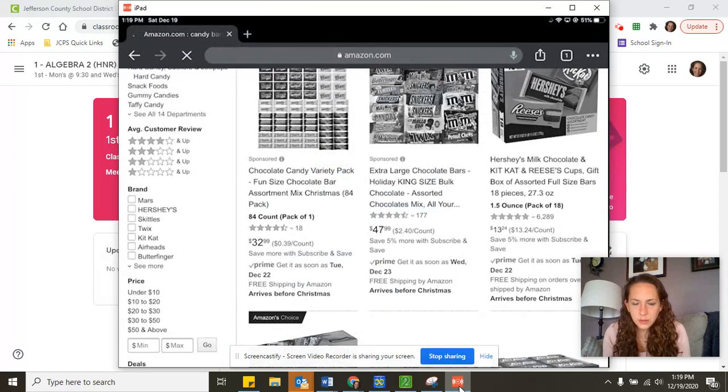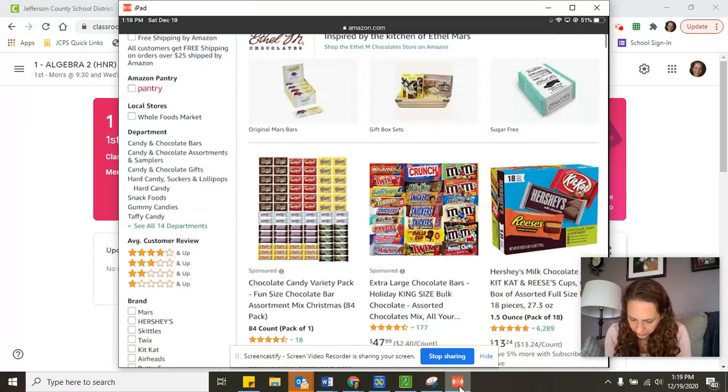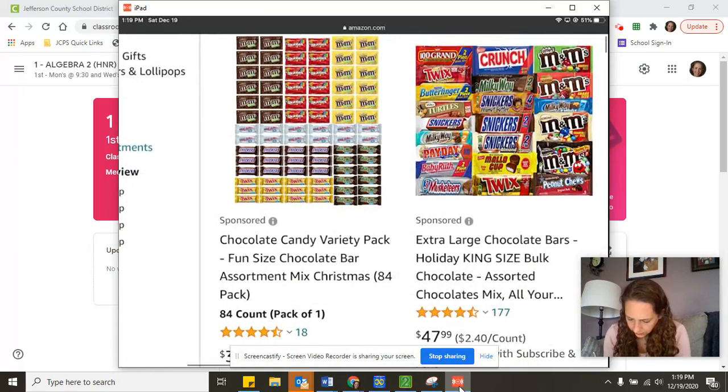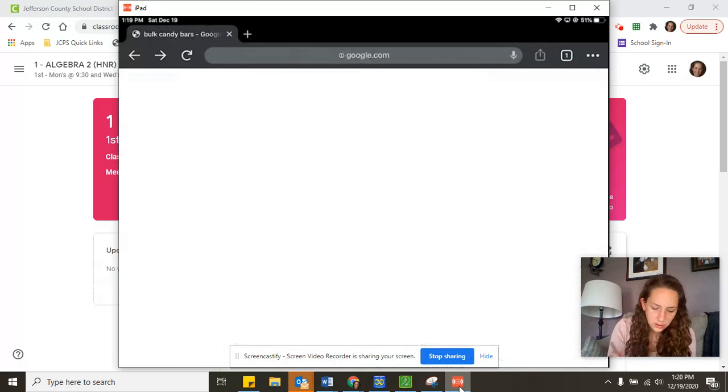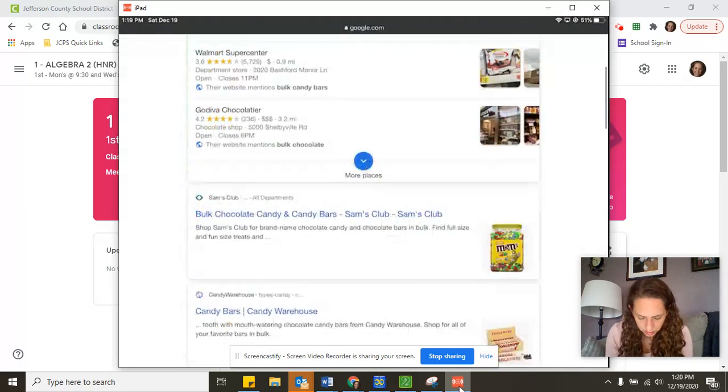If you see here, it says 39 cents per count. So I sort of have a feeling that that's going to be the best deal, but just to be safe, let's go back and double check.